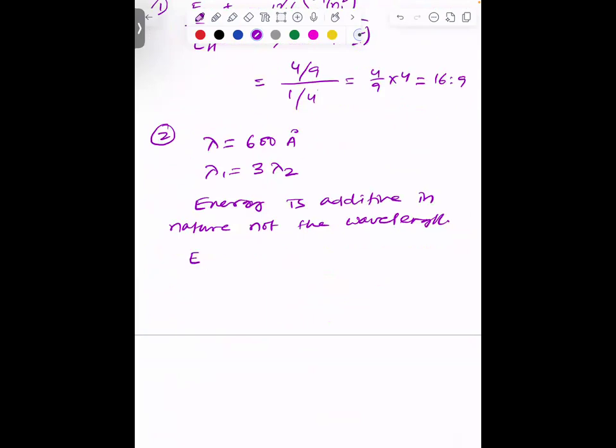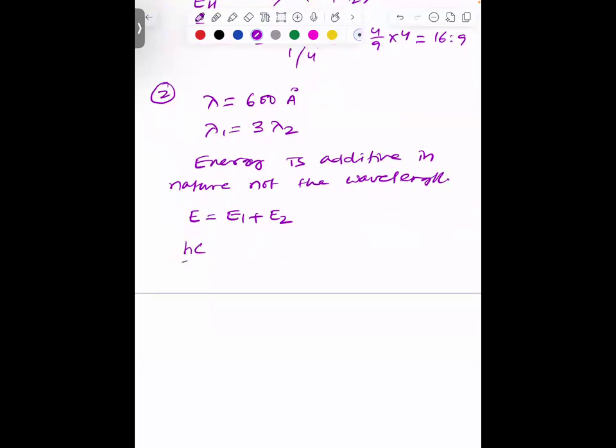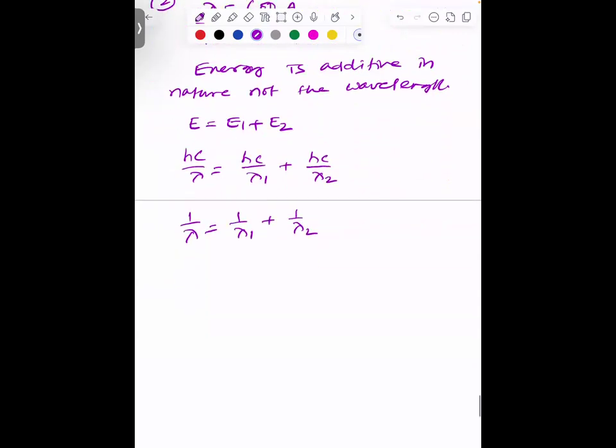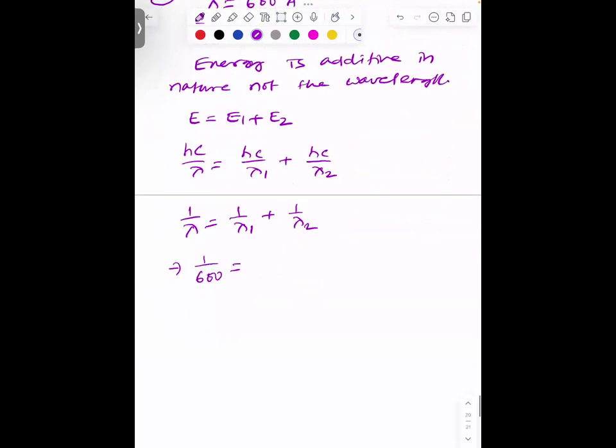So we can write E equal to E1 plus E2, or hc by lambda equal to hc by lambda 1 plus hc by lambda 2, or 1 by lambda equal to 1 by lambda 1 plus 1 by lambda 2. So 1 by lambda, that is 600. It is given lambda 1 is 3 lambda 2. So in place of lambda 1, we write 3 lambda 2 plus 1 by lambda 2. The LCM is 3 lambda 2.